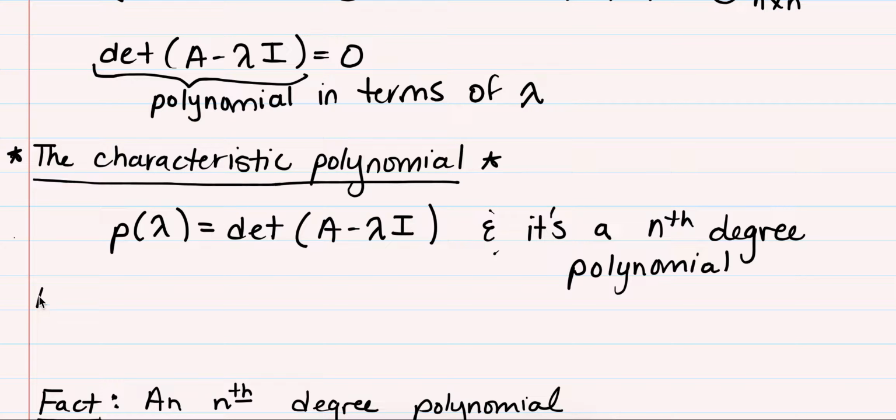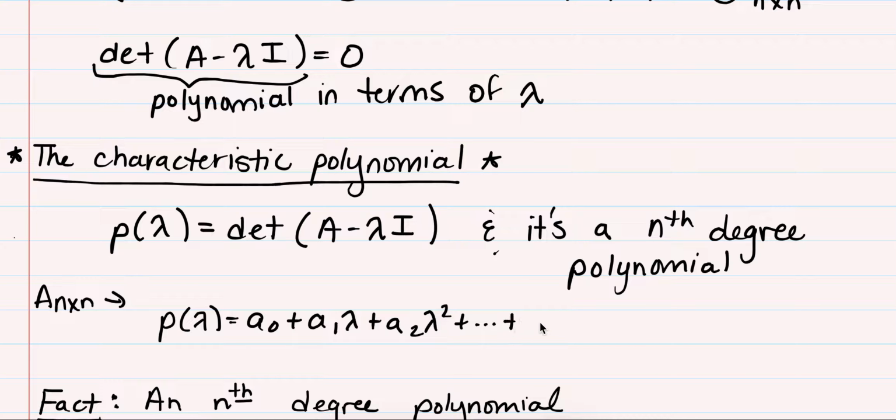So if A is an n by n matrix, then this polynomial is going to look something like this. So the power here is n for this polynomial, and these are just complex numbers. And the eigenvalues are the roots of this polynomial.